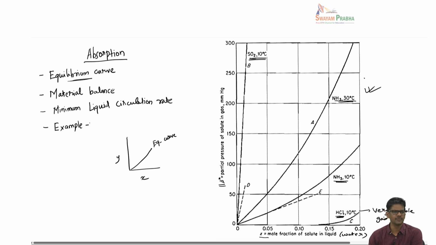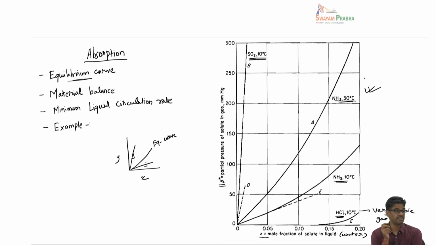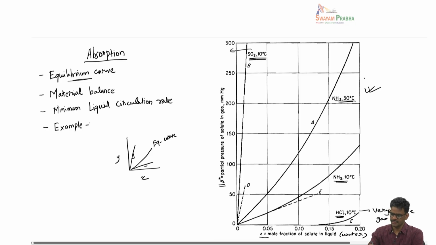You may recall in one of the previous classes I talked about the equilibrium curves with a different slope. When the slope is very small, we associate that with a very soluble gas. When the slope is very high, it is sparingly soluble. In that context, SO2 will be very sparingly soluble. So why do we say this is very sparingly soluble?